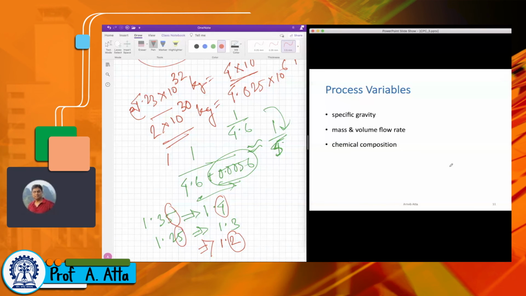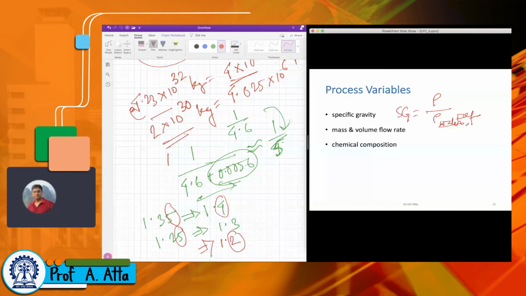Specific gravity, or SG, which is the typical nomenclature we will use throughout the class, is the density of that material divided by the density of water. It is not hard and fast that it has to be water, but typically the reference fluid is water in most cases.